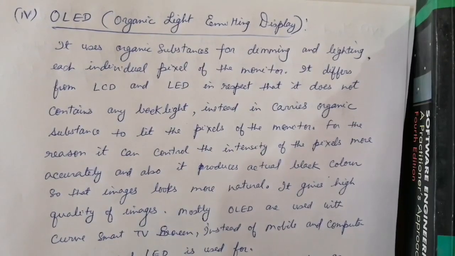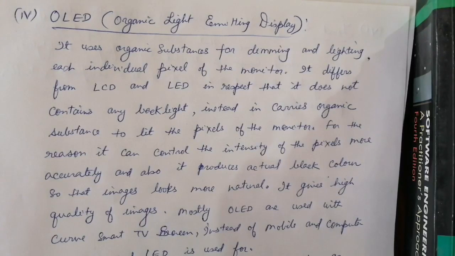It controls each pixel more accurately. That is OLED. And then what happens, as it controls each individual pixel in a more accurate way, that means it gives accurate color, it gives natural color, and also it produces actual black color.